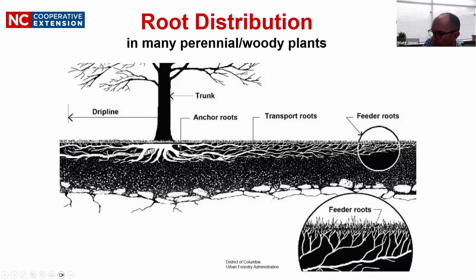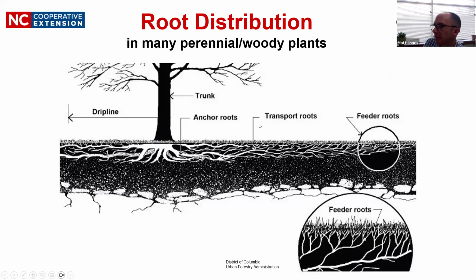Really, roots of trees and shrubs go out far broader and are not as deep as you might imagine. It's the feeder roots at the tips that tend to be most active in nutrient absorption, but they also absorb water. They direct whatever they absorb down to the older transport roots that eventually merge into the anchor roots. And the anchor roots mostly absorb water. They don't really absorb nutrients. So applying fertilizer at the base of a tree trunk isn't going to do you much good.